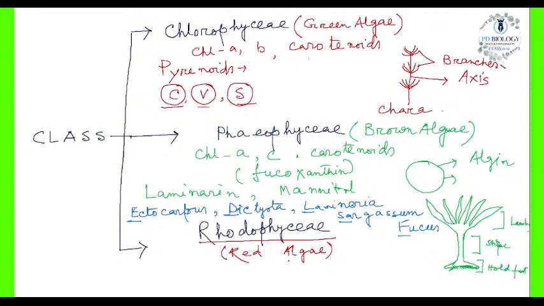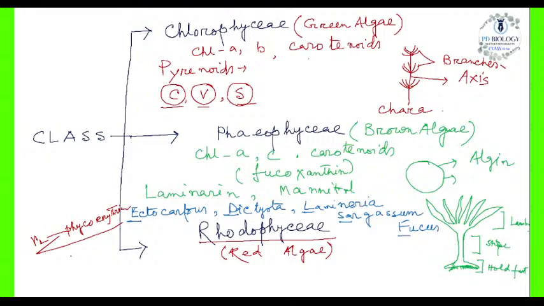So in red algae, mostly marine except for a few freshwater species, they show predominance of red pigment. What is the red pigment? That is R-phycoerythrin.